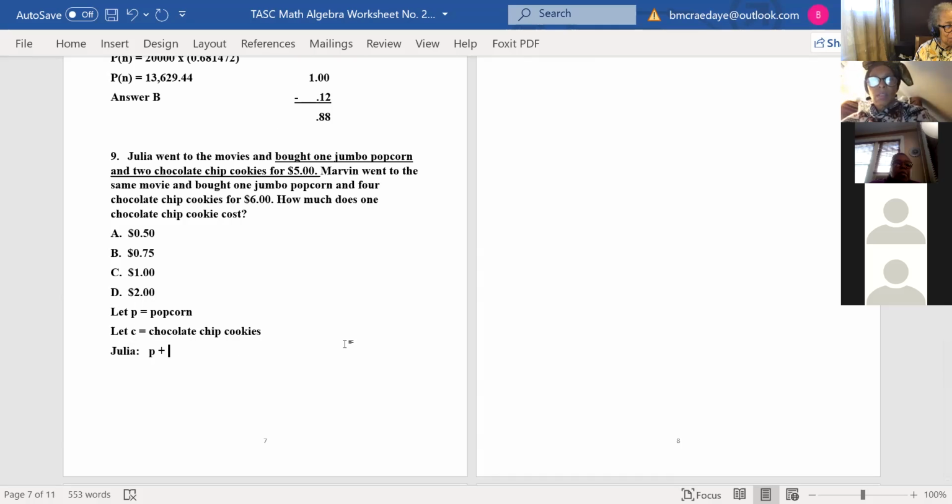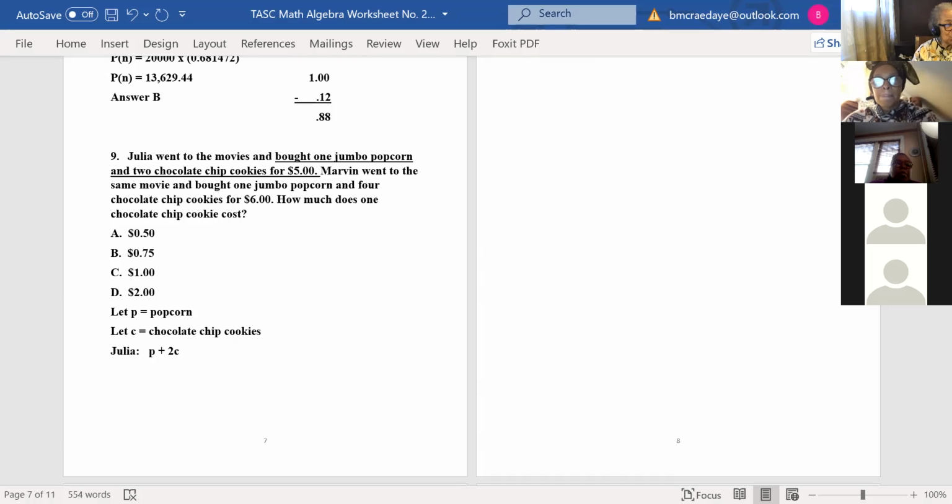How many chocolate chip cookies? 2. So what would I write for 2 chocolate chip cookies? I would put C2. No, you put the coefficient in front of the variable. So what would it be, Mercedes? 2C. That's it. Very good.